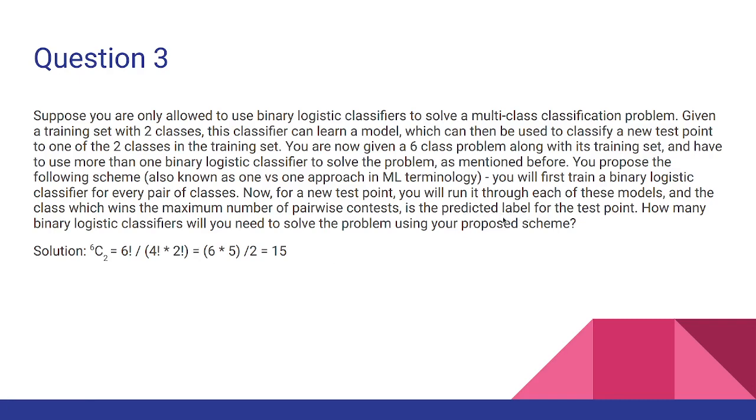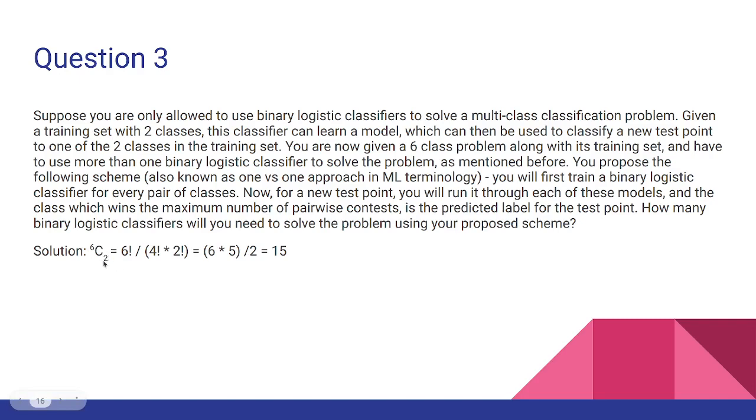So the question is how many logistic classifiers you need to solve the problem. This can be solved by 6C2. 6 is the number of classes available, and from them we are taking 2 values, right?